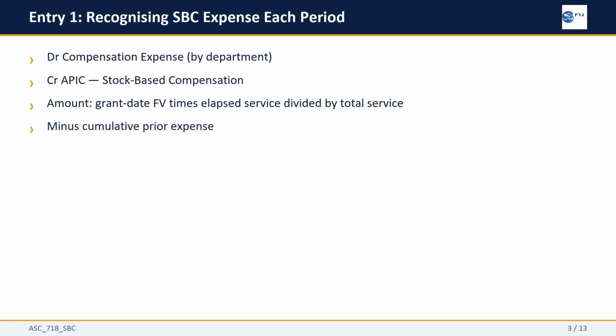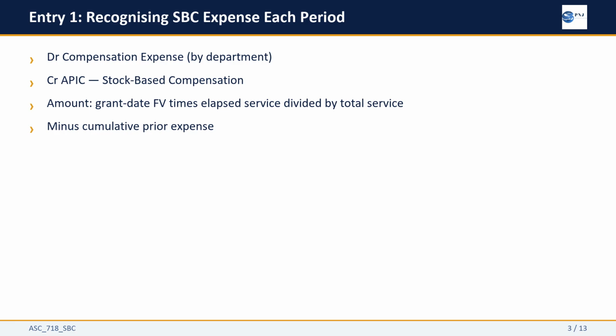The core entry you will record every quarter for equity-classified awards is a debit to compensation expense and a credit to additional paid-in capital for stock-based compensation. The amount is the proportionate share of the total grant date fair value earned in the current period, calculated as grant date fair value times elapsed service divided by total vesting period, minus what you have already recognized in prior periods.